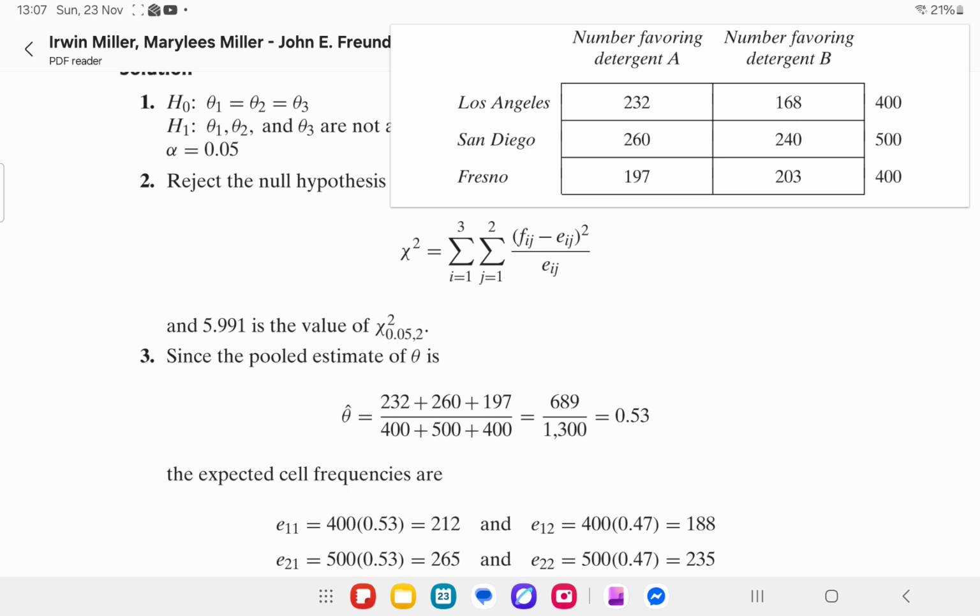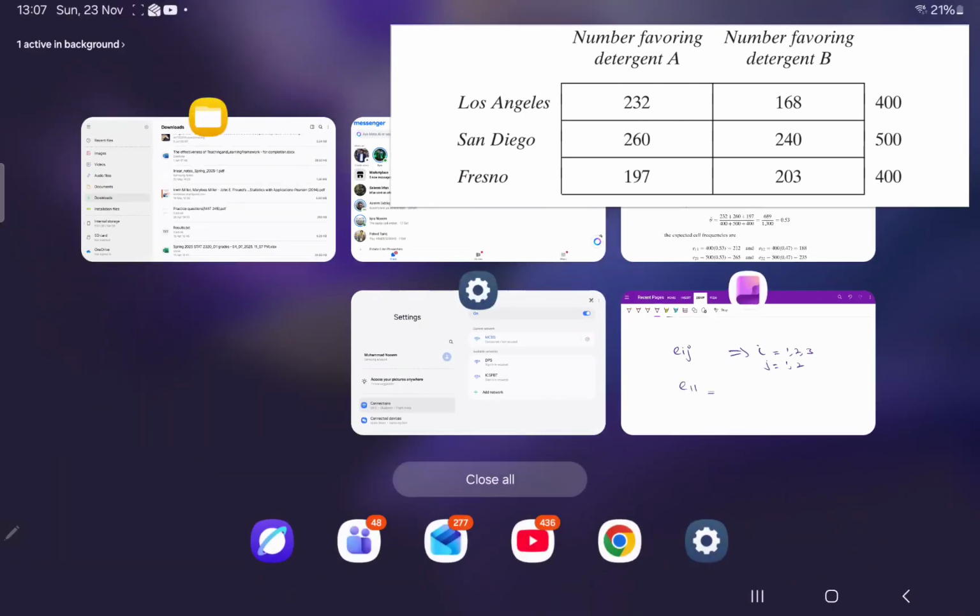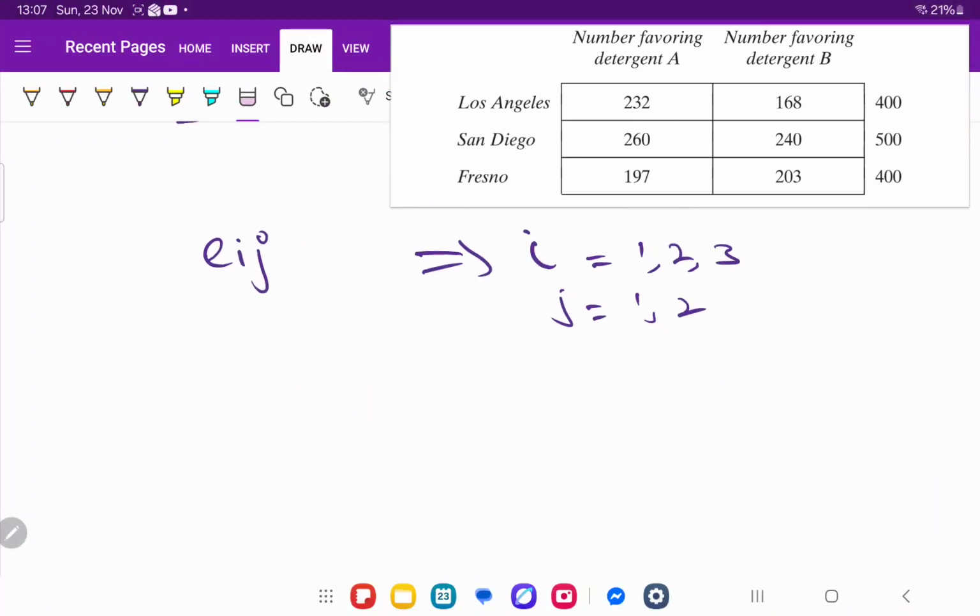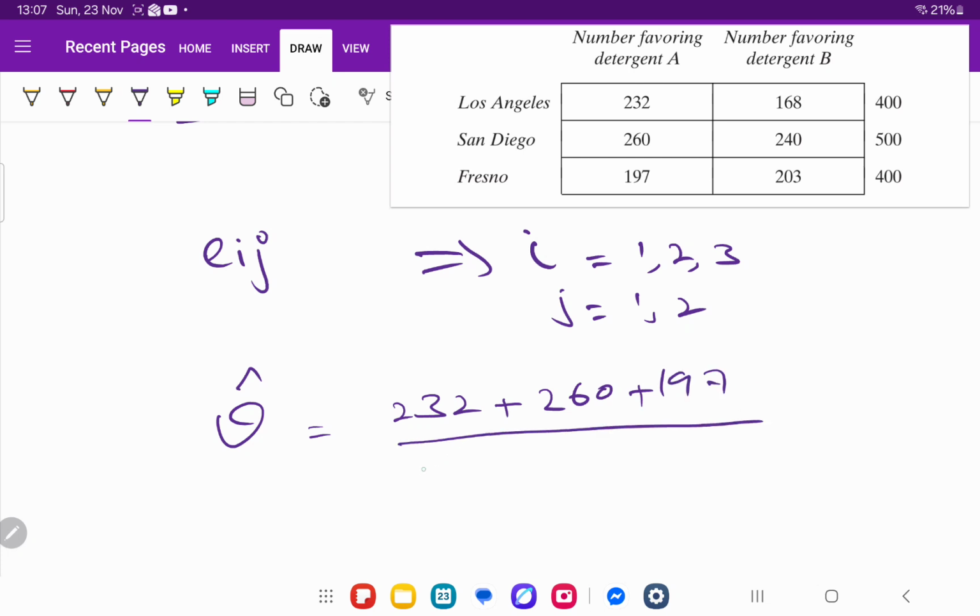Okay, so we have to calculate the theta.